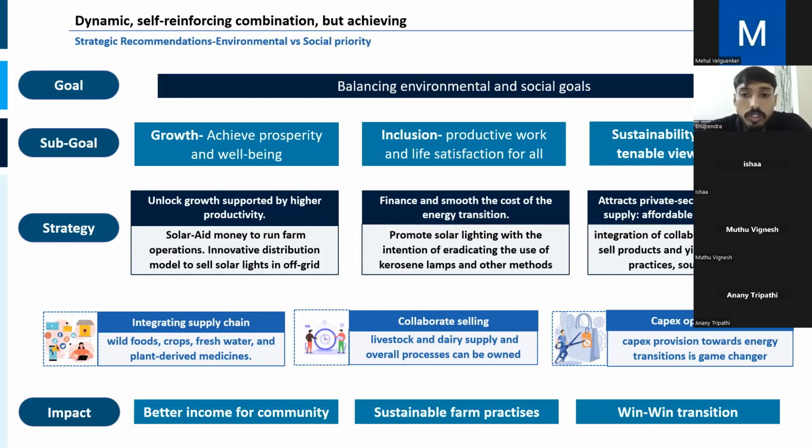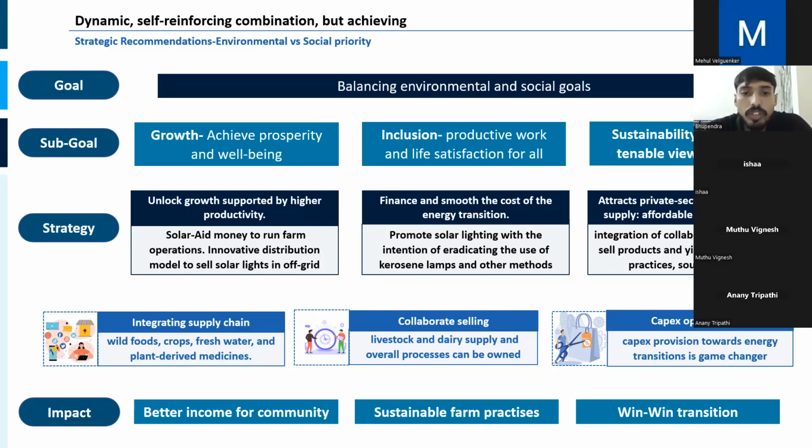Also, the majority of farmers were practicing slash and burn techniques, which lead to deforestation and soil erosion. This was completely opposite to Green Horizon's goals, due to which they were not able to achieve their sustainable practices goal.